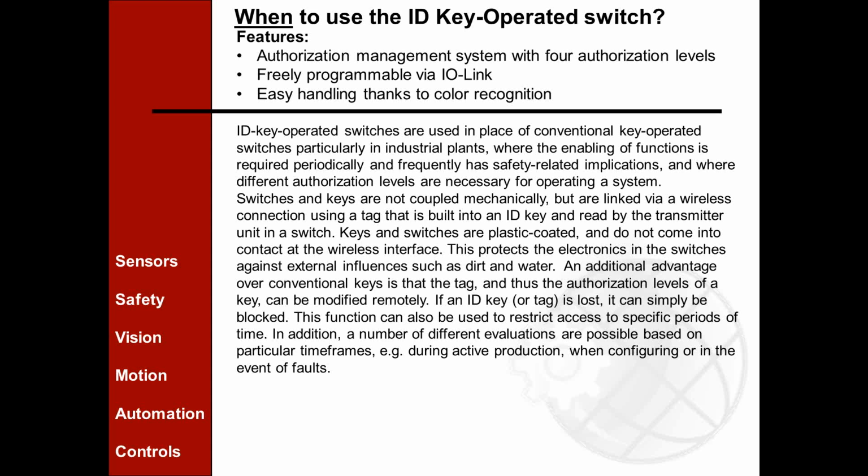An additional advantage over conventional keys is that the tag and the authorization levels of that key can be modified remotely. If you had a physical metal key, with all the notches in it and everything, that an operator had to operate this machine, it does not identify any levels of training or access or availability of features that operator might be entitled to or not entitled to, based on their training or physical characteristics or whatever.